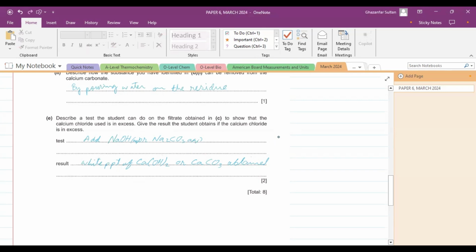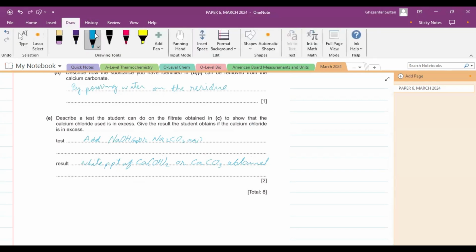And another test that you can carry out: make sure that carbonate has been consumed completely. For checking carbonate, you can use an alternate method. The test for carbonate is to add an acid, HCl or sulfuric acid.